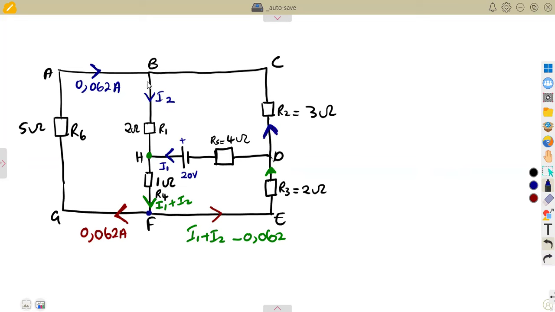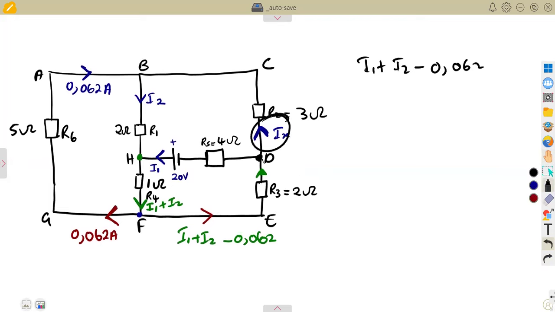Again, let's say this is unknown. Which current is flowing towards the point D? The current flowing in at point D is this I1 plus I2 minus 0.062.